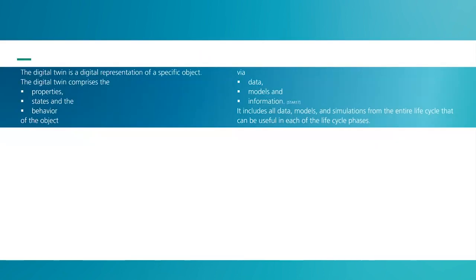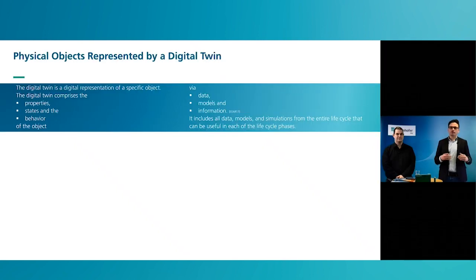A digital twin is a digital representation of a specific object, which might seem quite trivial, but there is already some potential for discussion there, because what is a specific object? Does a specific object have to be physical? This is something where you can draw a lot of discussion from the literature, from scientific discussion, but also from practical users.